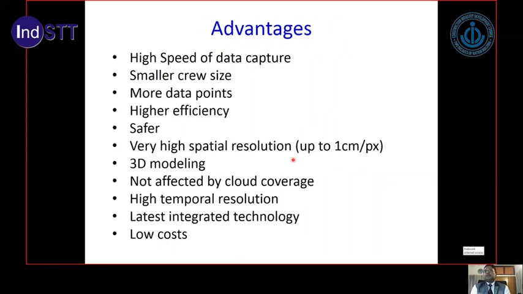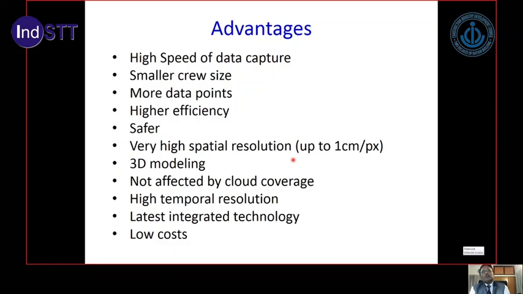What are the other advantages of the drone survey? High speed of data capture. We can work with 1 or 2 persons. We can collect a very large amount of data with high efficiency, and the best part is the high spatial resolution data, 1 centimeter per pixel, and no technology can give us such high resolution data in such a short period of time. 3D modeling is not affected by cloud coverage because the laser beams can penetrate the cloud, as we know.